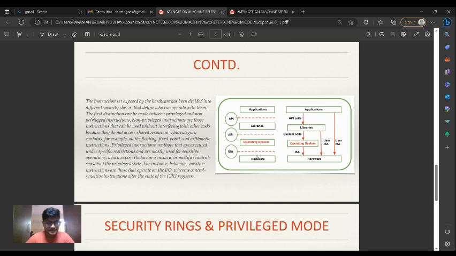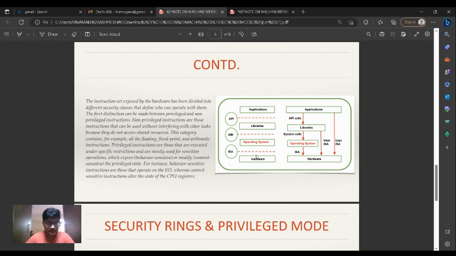This category contains, for example, all the floating point, fixed point, and arithmetic instructions. Privileged instructions are those that are executed under specific restrictions and are mostly used for sensitive operations, which expose behavior-sensitive or modify control-sensitive state.